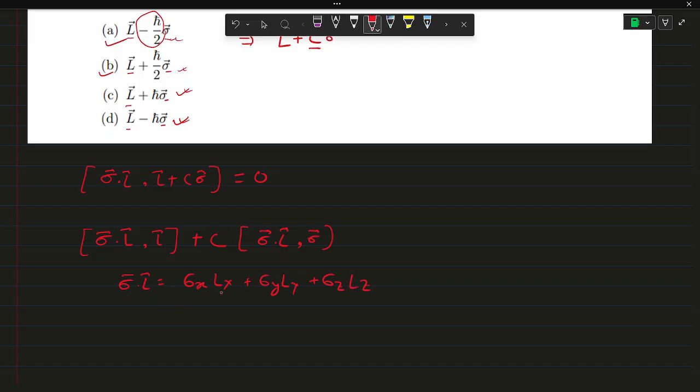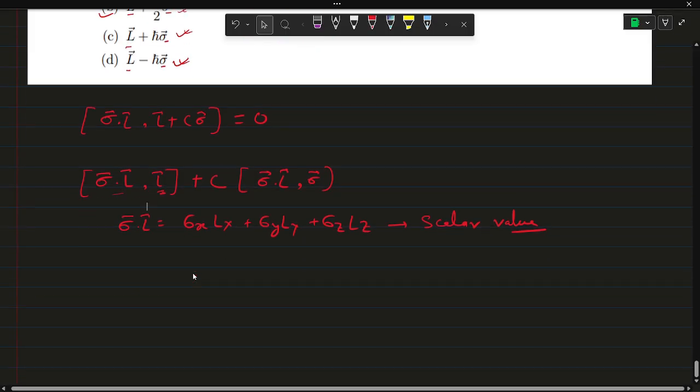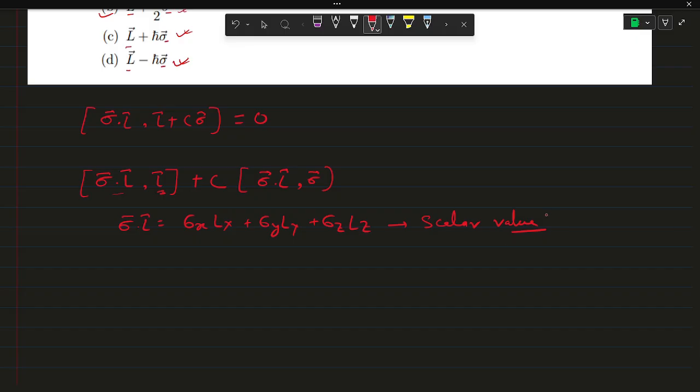This is a scalar operator, and L is a vector, so here we are trying to find a scalar operator commuting with a vector operator.